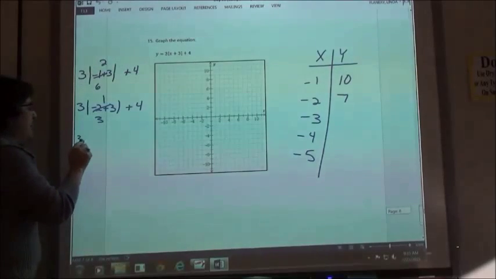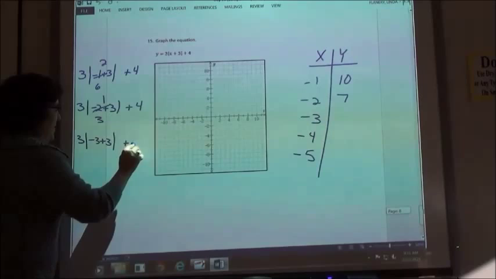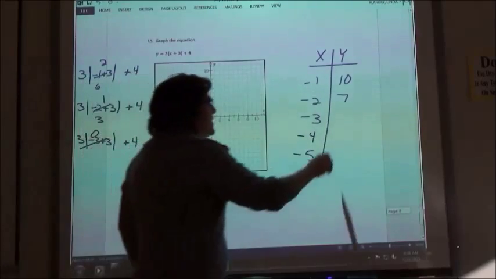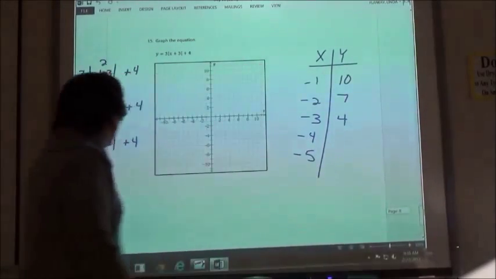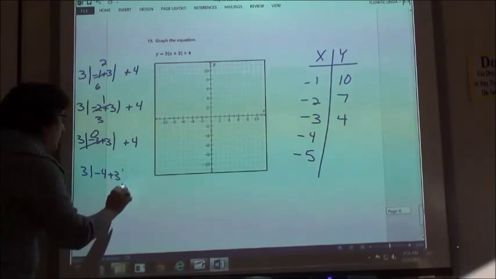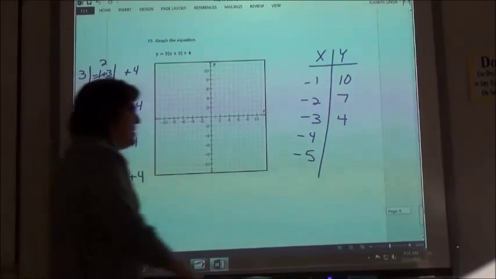So then I do 3 times the absolute value of negative 3 plus 3, plus 4. And I get 4, because this is going to be 0. So I just get the 4 on the end. Then I do 3 times the absolute value of negative 4 plus 3, plus 4. And I'm going to get 7.